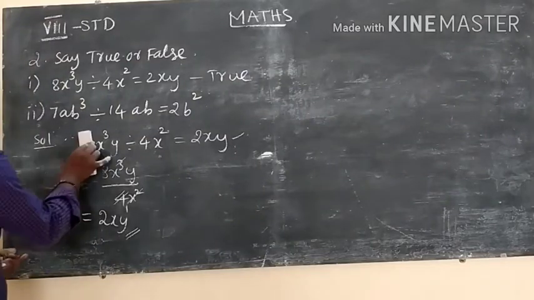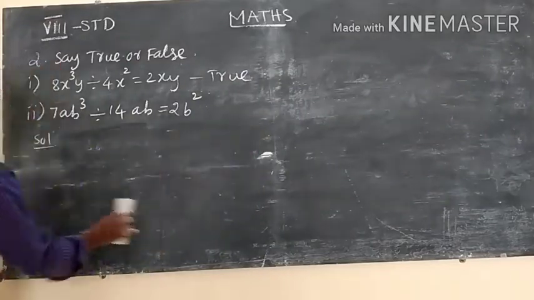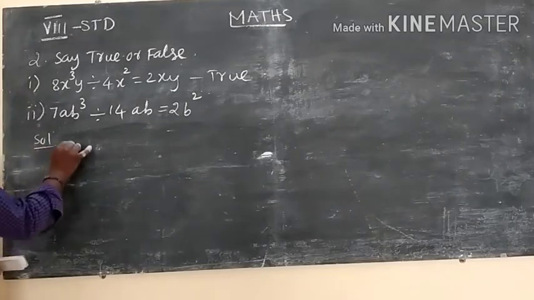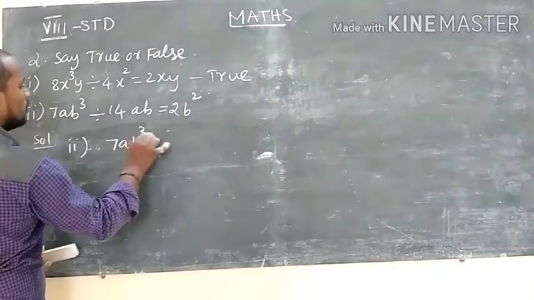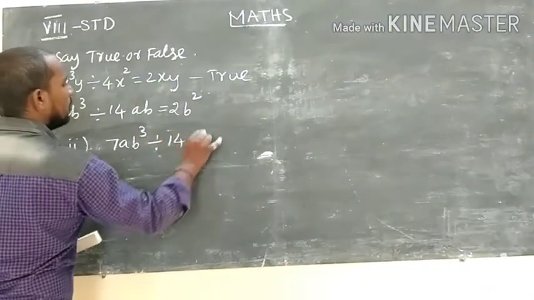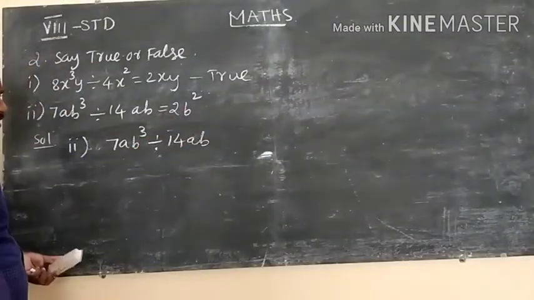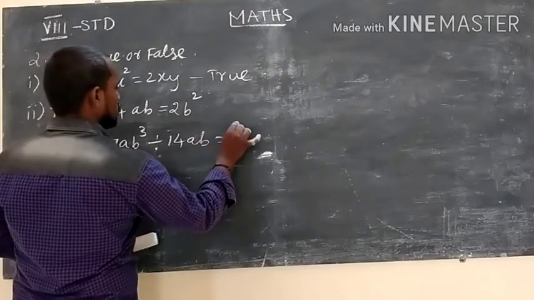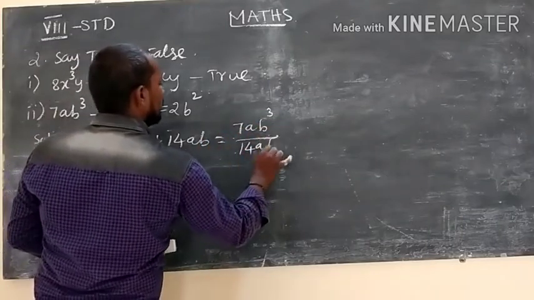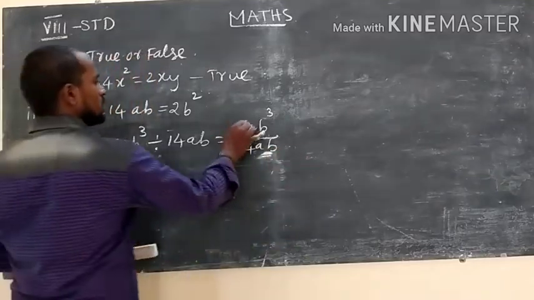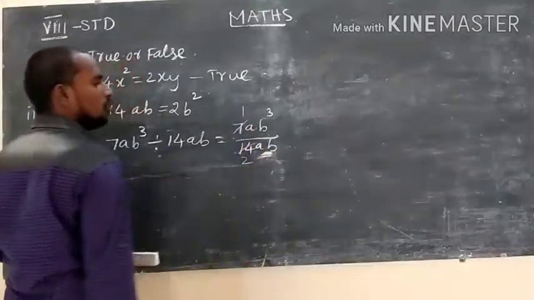Then the second question: 7ab cube divided by 14ab equals 2b square. Check your answer. 1 7 is 7, 2 7s are 14.